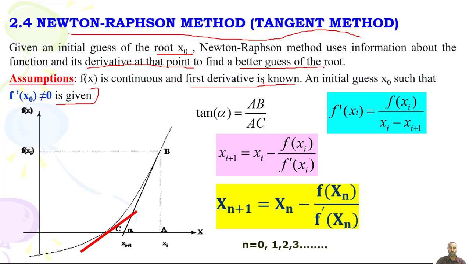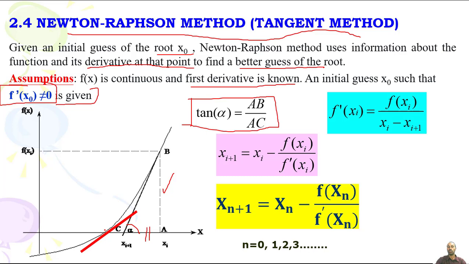Then an initial guess x0 such that f derivative at x0 is different from 0. The first derivative different from 0 is given. Then you will have successive approximations. You can see tan alpha, which is this angle, is equal to AB, this side, divided by this side.